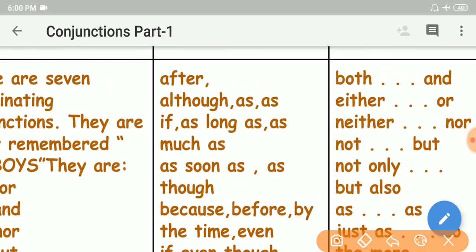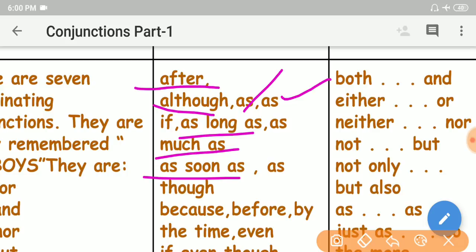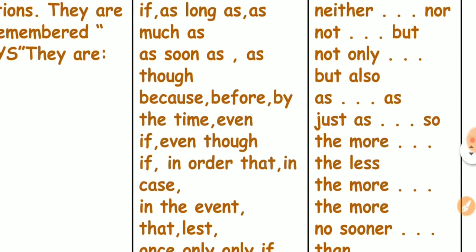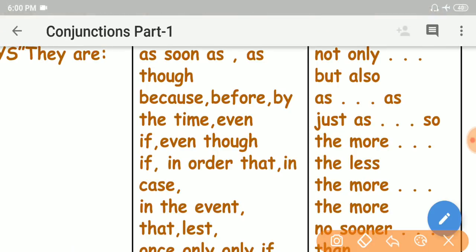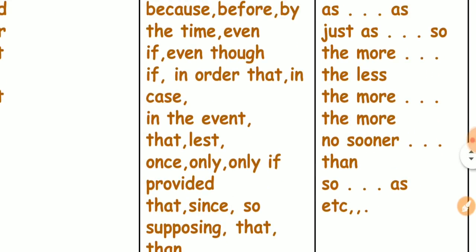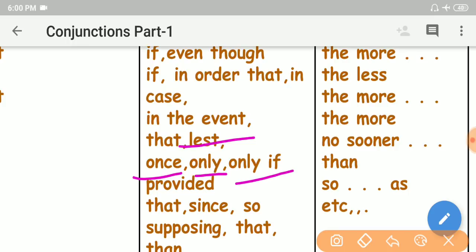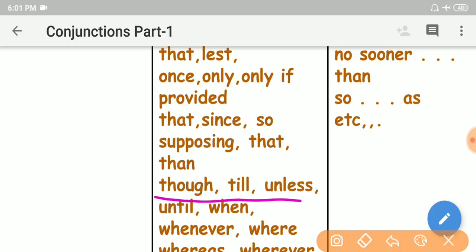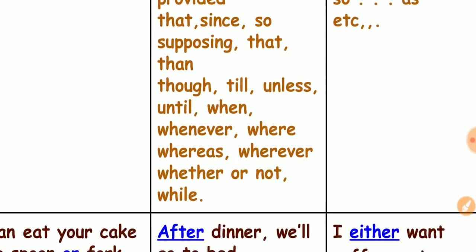Some important subordinate conjunctions are: after, although, as if, as long as, as much as, as soon as, as though, because, before, by the time, even though, if, in order that, in case, in the event that, lest, once, only if, provided that, since, so that, supposing that, than, though, till, unless, until, when, whenever, where, whereas, wherever, whether, while.